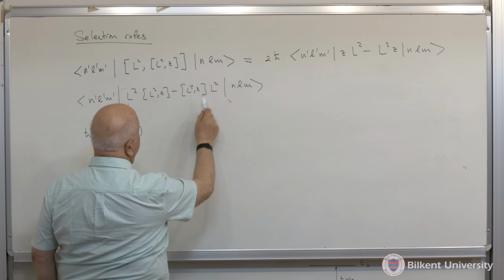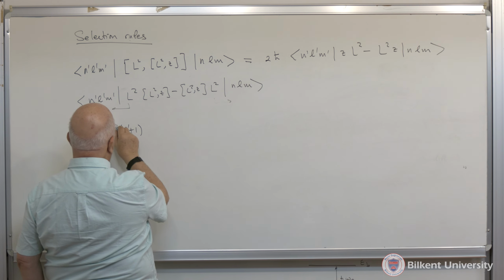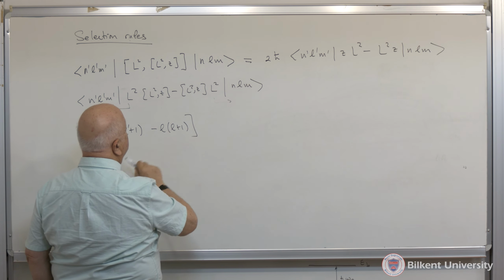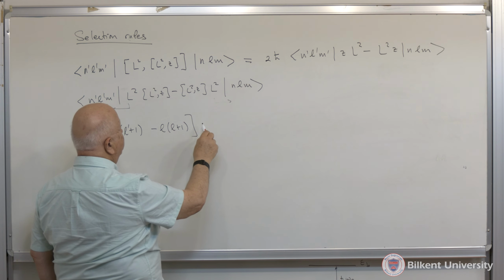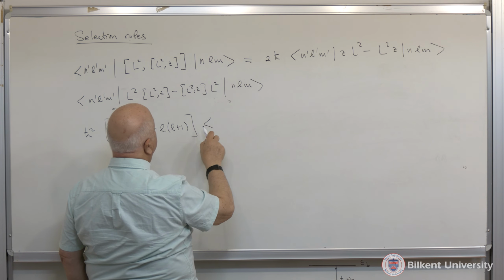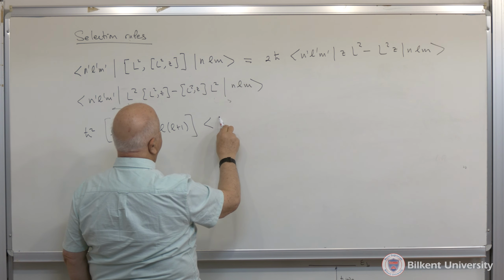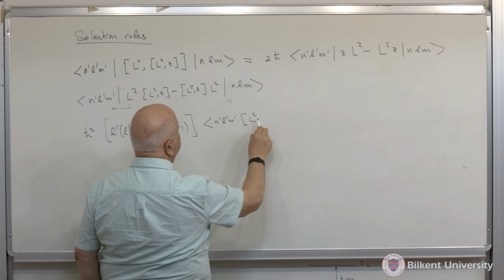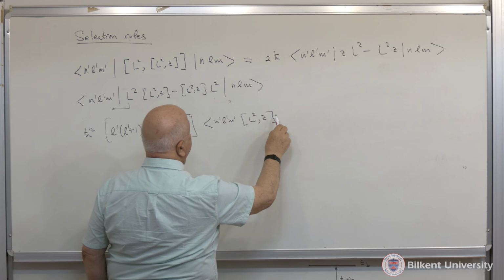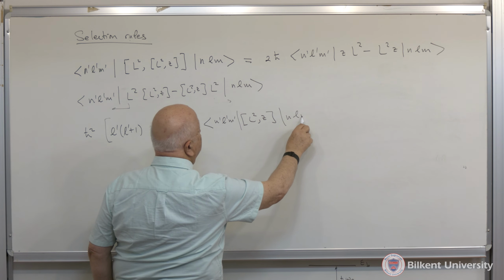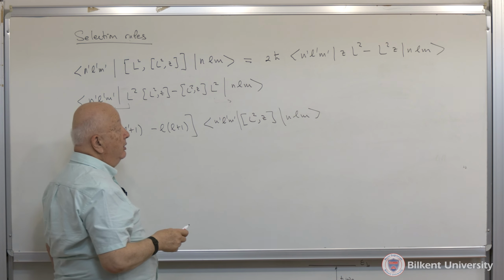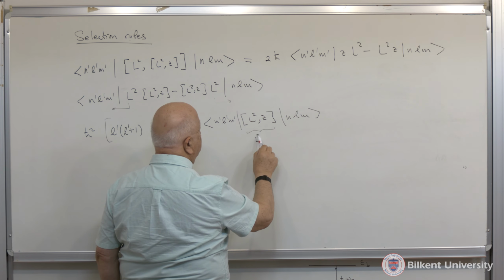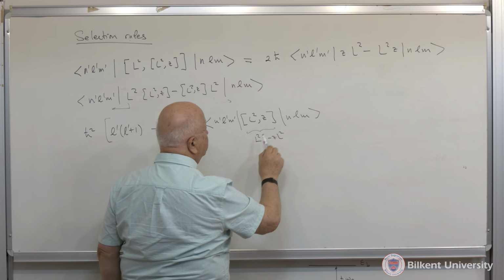And for this one, I'm going to get minus l plus 1, right? And I still have the rest of the object. So I still have over here n prime, l prime, m prime, and L squared Z, n, l, m. But this is again something relatively simple, L squared Z minus Z L squared.